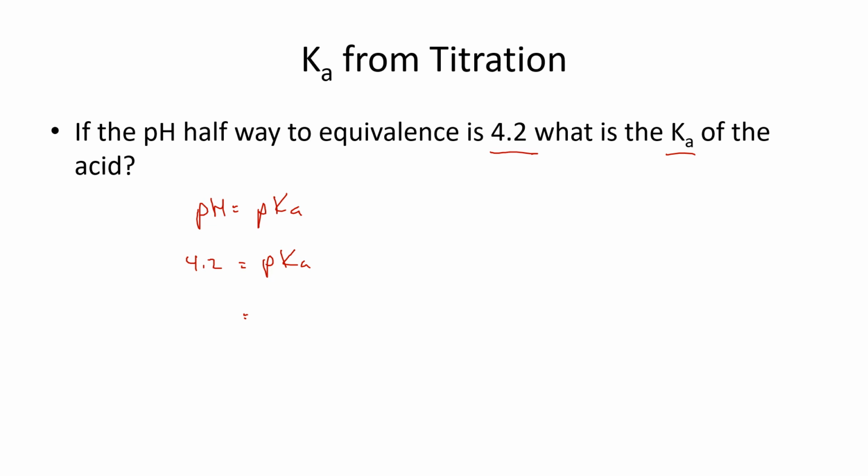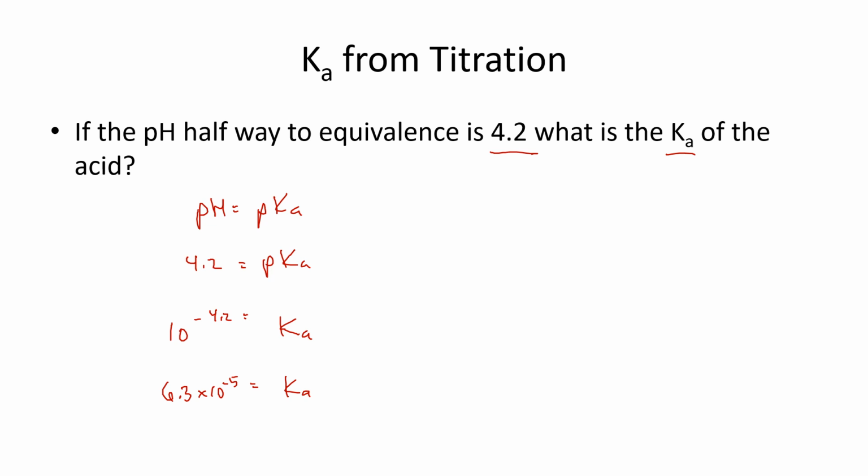And so what you do is you just take 10 to the negative 4.2 will equal the Ka. So 10 to the negative 4.2 works out to be 6.3 times 10 to the negative 5, and that's our Ka. So that's a handy little trick that you can use to interchangeably work out the halfway equivalence point and the equilibrium constant.